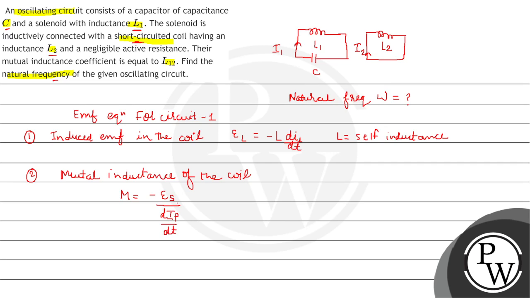That means E_S is the EMF in the secondary coil, and dI_P is the change in current in the primary coil. P means primary and S means secondary. So from here we can calculate the E_S value: E_S is equal to minus M dI_P by dt, that is, the change in current in the primary coil.